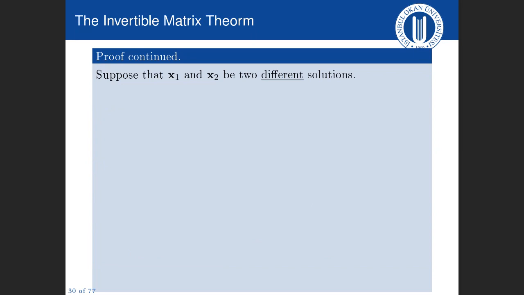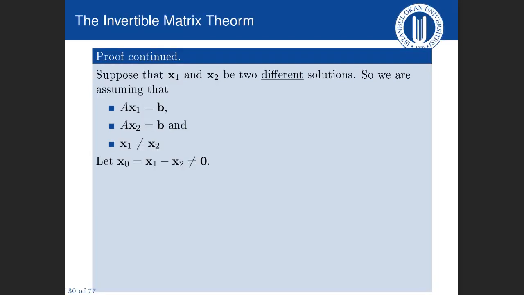So let's suppose that x1 and x2 are two different solutions to our linear system. So more precisely, we're going to be assuming that Ax1 is equal to B, Ax2 is equal to B, because x1 and x2 are solutions, and because they're different solutions, we're going to be assuming that x1 is not equal to x2.